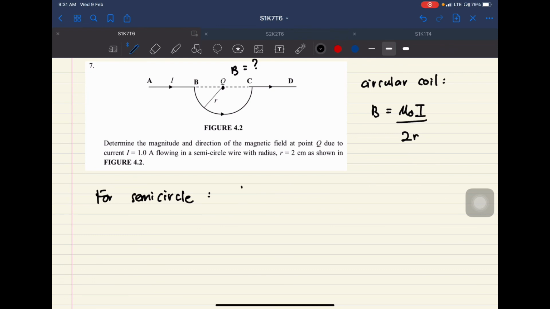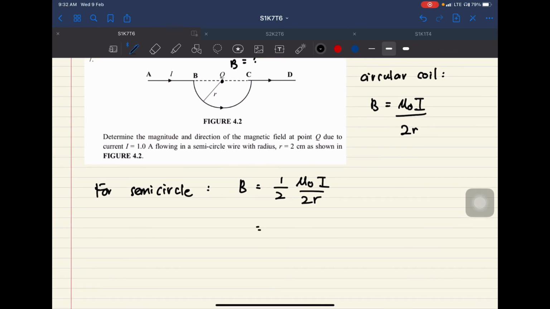So the magnetic field B here is equal to half mu naught I over 2R. And then to solve this one, you just substitute all the values. I is given, so half, 4 pi times 10 negative 7, I is 1, R is 0.02, I changed to meter.